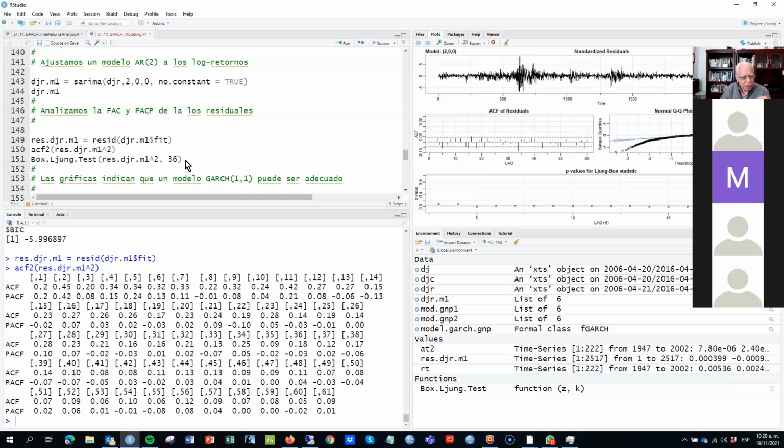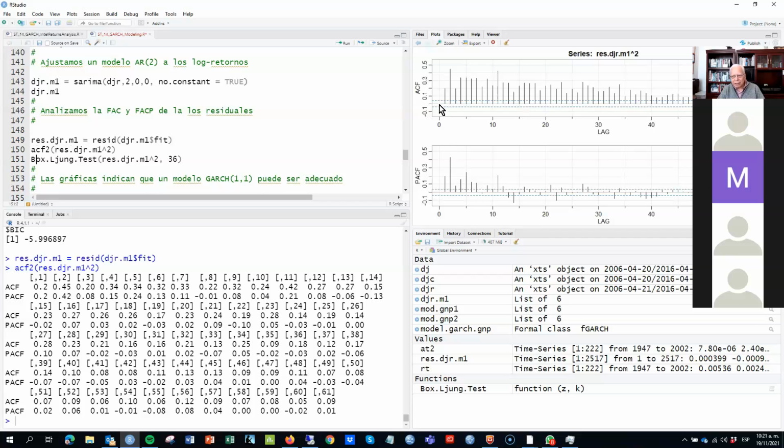Okay, so although the model is not perfect and has deviations from normality, now we'll continue and analyze the squared residuals to see if there is a GARCH effect or an ARCH effect. I look at the ACF and PACF of the residuals, and there's a clear pattern here.